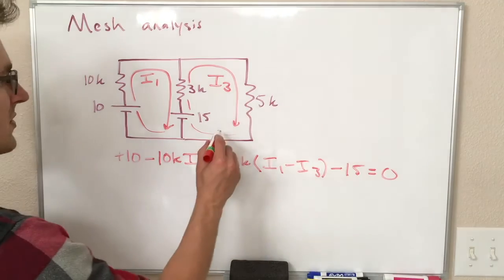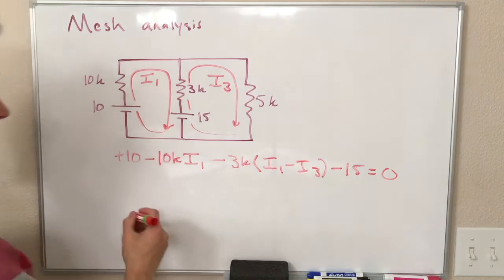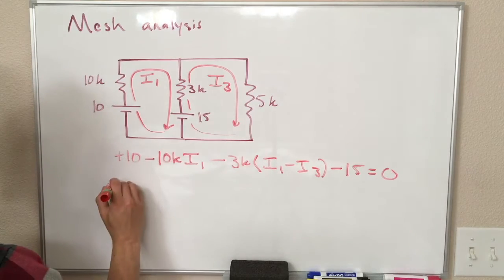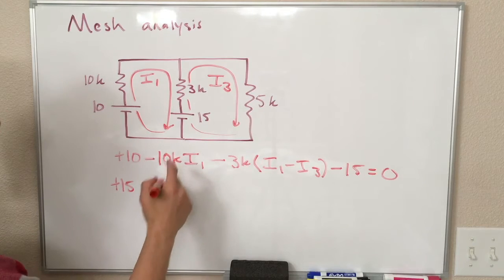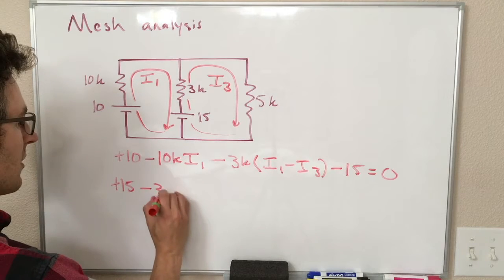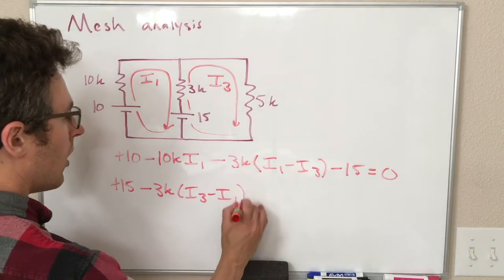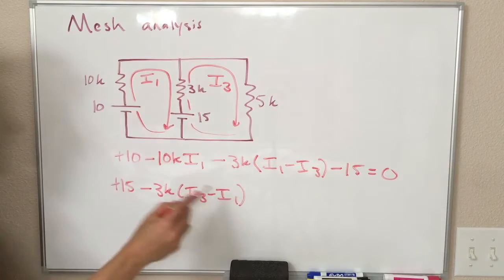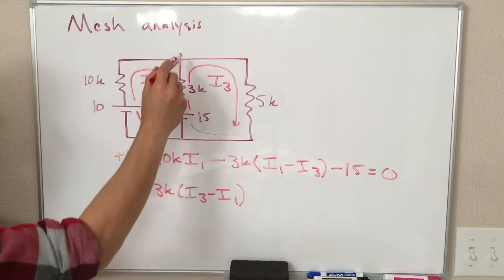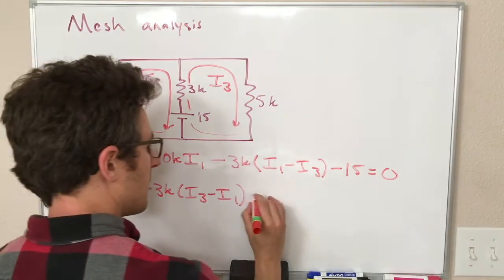The second thing we do is another loop around the right half of the circuit. Starting from here, we get plus 15, and now we have the opposite thing happen. We have minus 3K times (I3 minus I1), because we're going in the opposite direction. We're going up through the 3K resistor, not down like we were before. So we're up here, and now we just have minus 5K times I3.